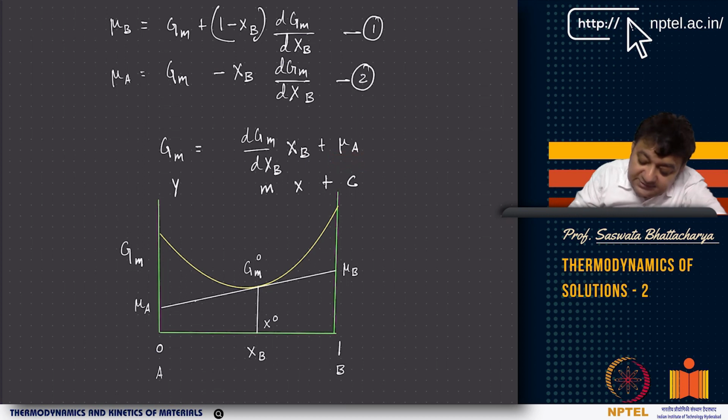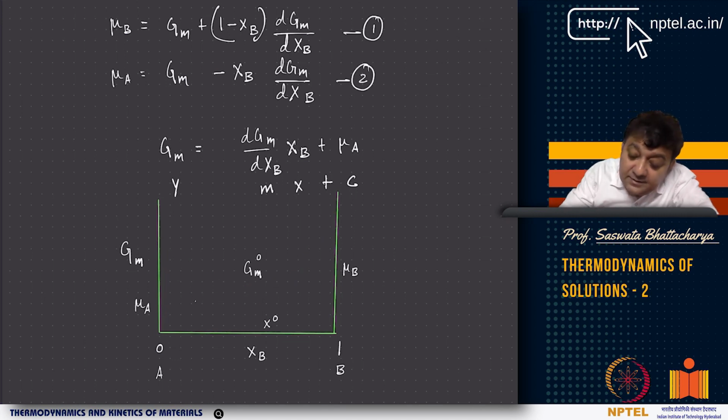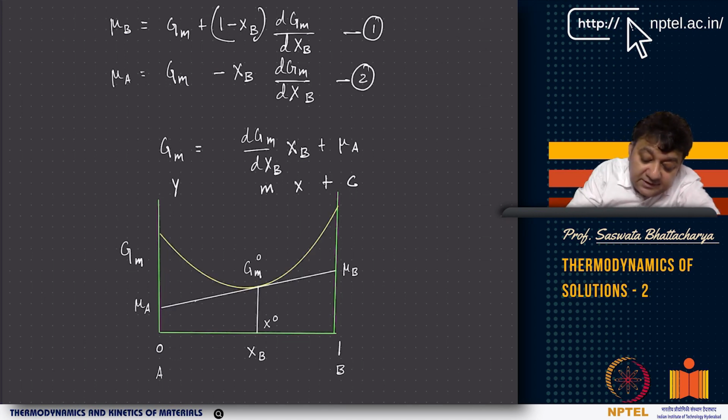Now think of this. This is basically y. Gm is on the y-axis. Y equals mx plus c. So you have Gm as the y-axis, and the slope is dGm by dxb at the point x0.